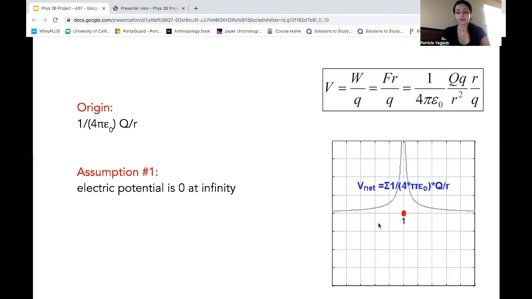And right here, we have a graph to represent this. You can assume that the electric potential is zero as the distance reaches infinity. So eventually they're just going to keep going to infinity, and that's going to be the electric potential here, zero. Okay, so that was our first assumption, but we have another one.